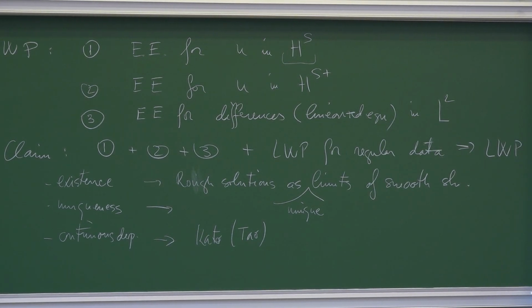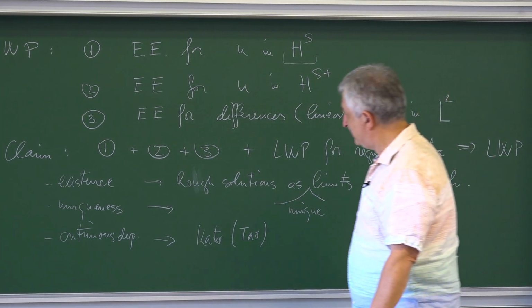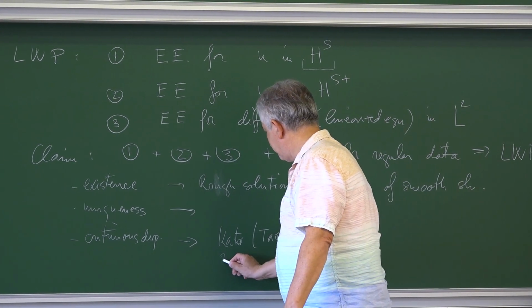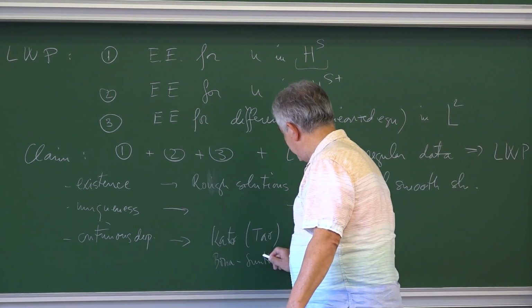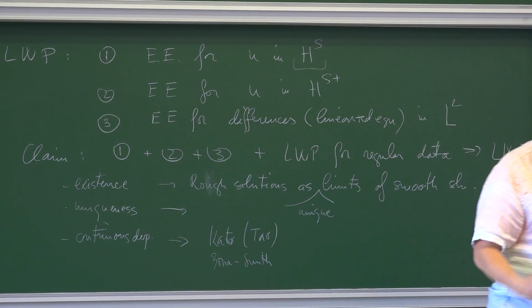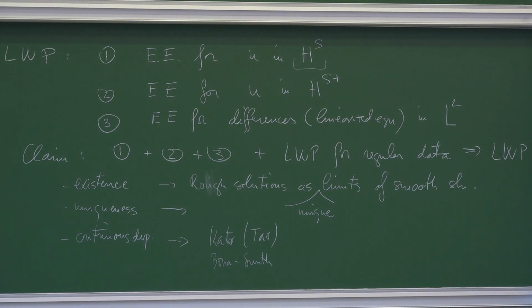Then there was a paper a number of years ago, maybe in the 80s, 90s, I don't know, of Bona and Smith, which many people cited as the source for continuous dependence, but really this paper mixed too many things in terms of getting a continuous dependence, mixed regularization of the data and regularization of the flow for a very specific equation.